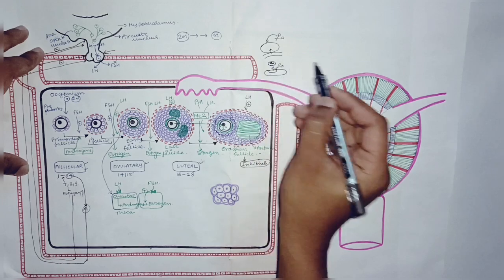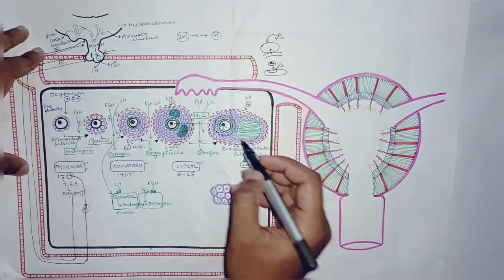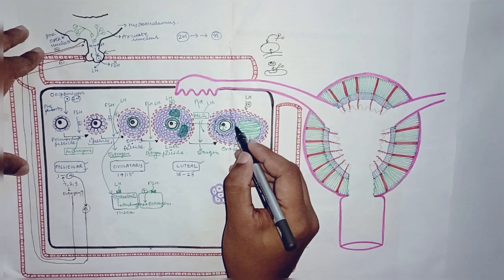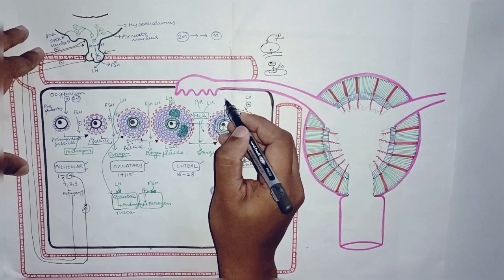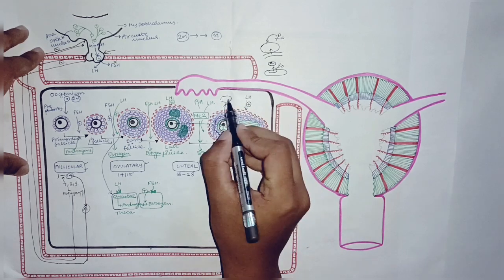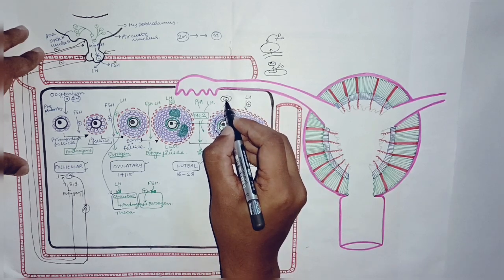Now this secondary oocyte is composed of the zona pellucida layer and the corona radiata, so this is popping out of it. Suppose this is your secondary oocyte.